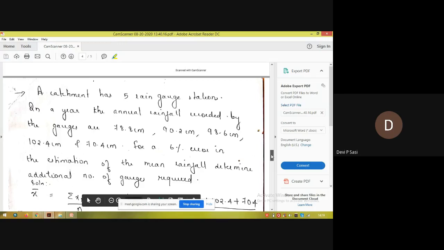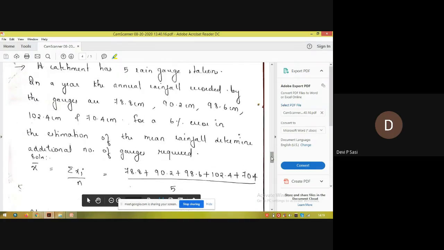So what are the values of rainfall? x1 is equal to 78.8, x2 is equal to 90.2, x3 is equal to 98.6, x4 is equal to 102.4 and x5 is equal to 70.4.